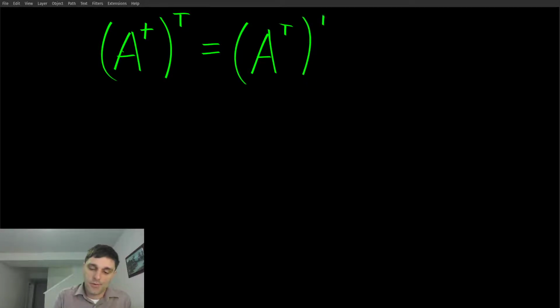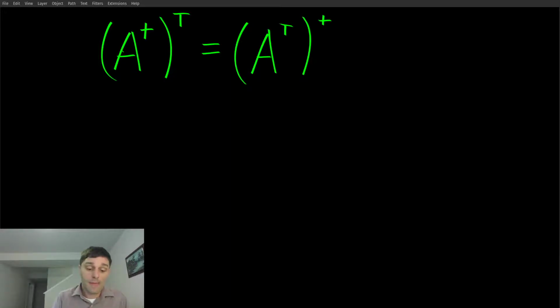We can make use of the fact that a pseudo-inverse transpose is equal to a transpose pseudo-inverse. So that was true for true inverses, right? That A inverse transpose is the same as A transpose inverse. I encourage you to explore this with this one too, and see if it works the way you want it to work.